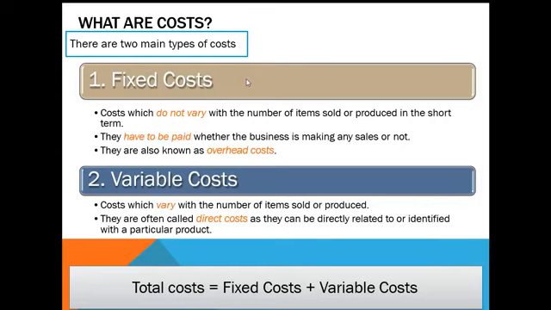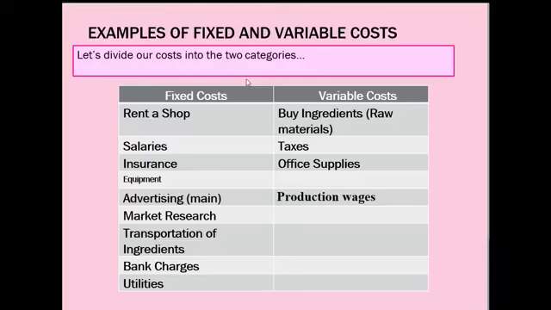We are dealing with these three kinds of costs because of this topic, break-even analysis. What are the examples of fixed cost and variable cost? Don't forget, fixed costs don't change, but variable costs change.